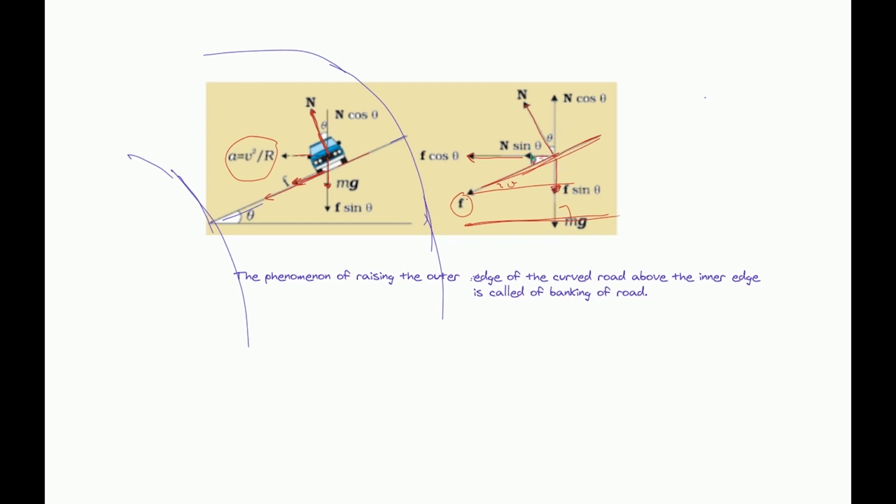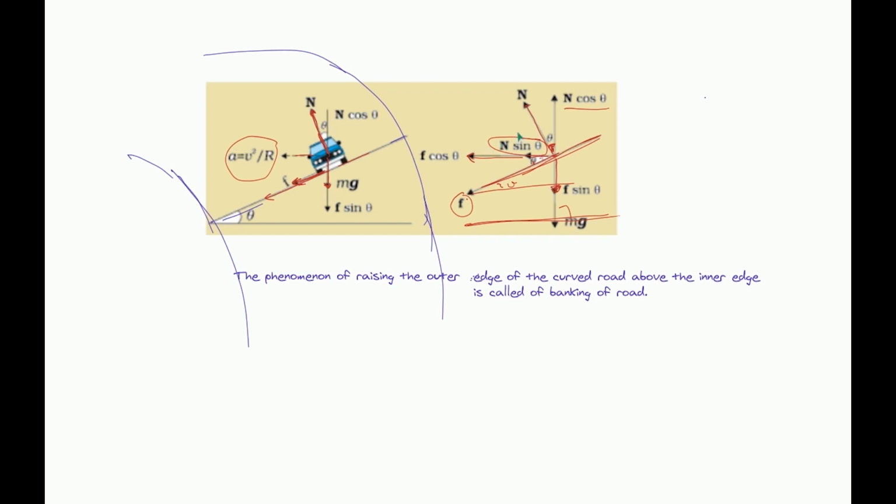I had told you one rule: if the angle between two lines is theta, then the angle between their perpendiculars will also be theta. So you apply that logic, and you can see that this will also come out to be theta. Now this component is N cos theta, and this component will be N sin theta on resolving.